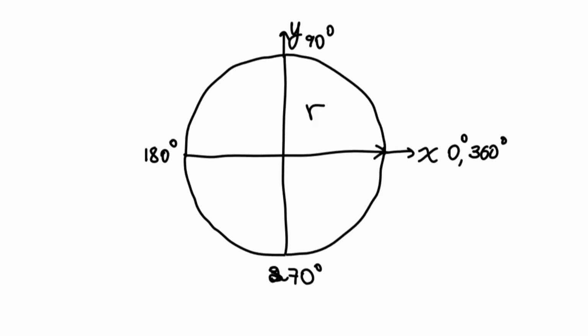Each one of these quarters is called a quadrant. This is quadrant 1, this is quadrant 2, this is quadrant 3, and this is quadrant 4.